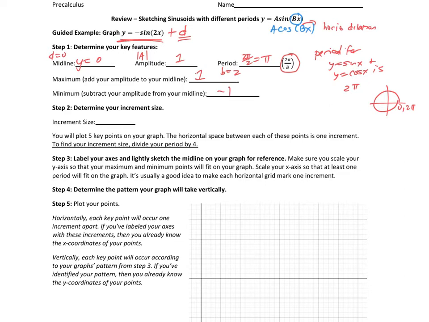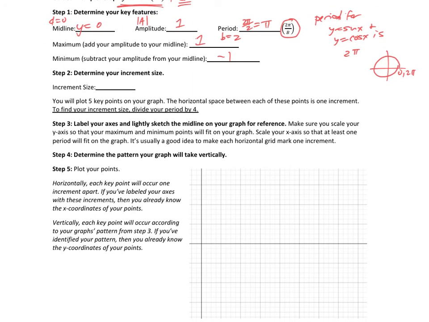The next thing we want to do is figure out the increment size, or sometimes I'll refer to this as the interval for key points. How often do they occur? They always occur at 1/4 times the period, or you can think of it as the period divided by 4.